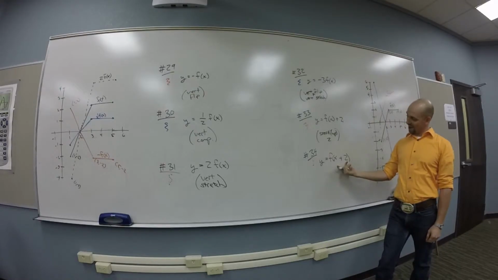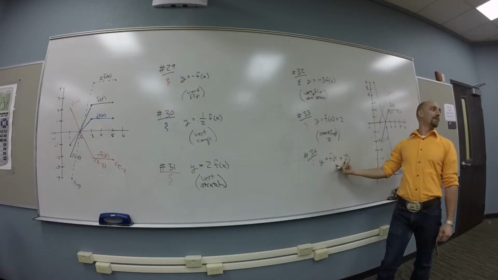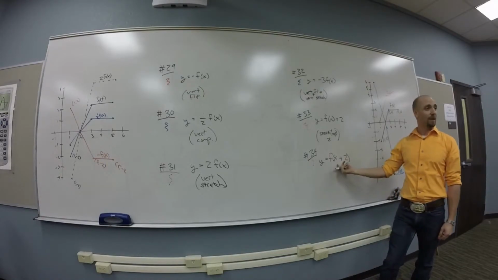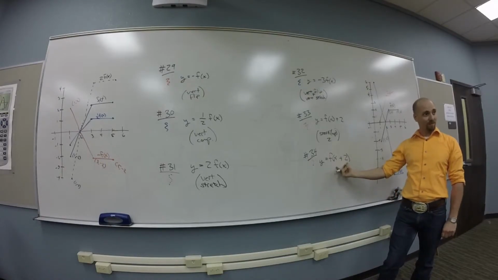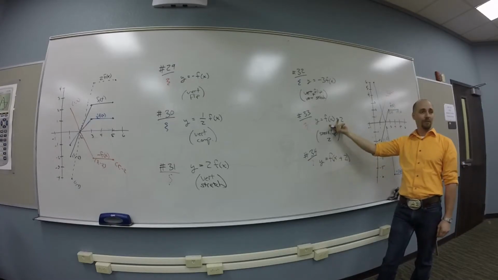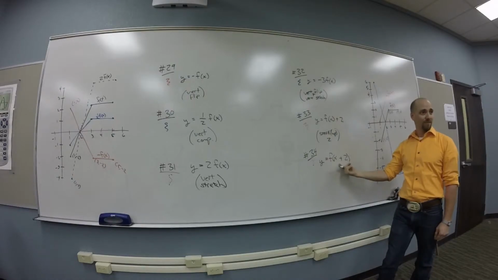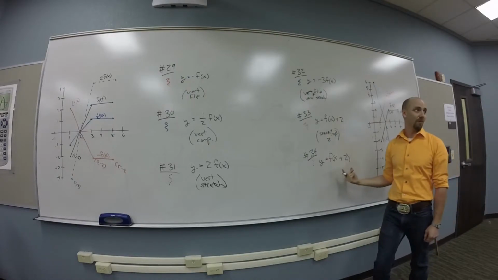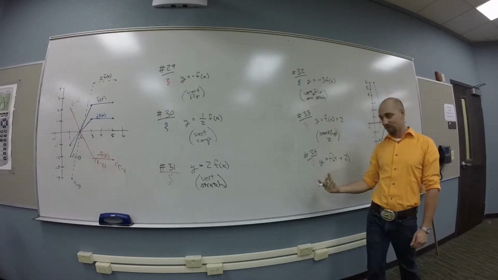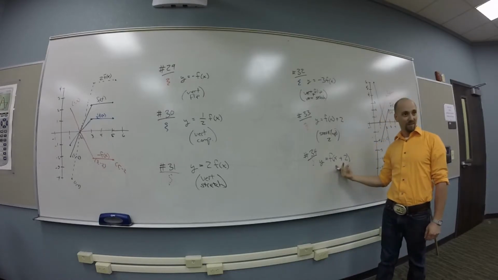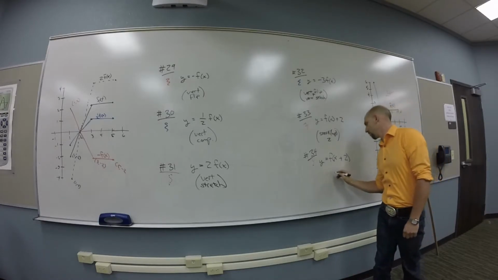Here the plus 2 is happening before I do the rule f, and in the other it's happening after we did the rule f. So this is about changing the inputs. This is a horizontal shift, and this one is left 2.